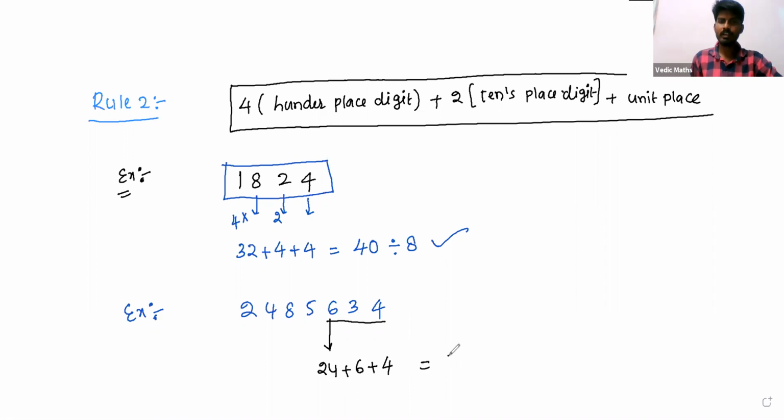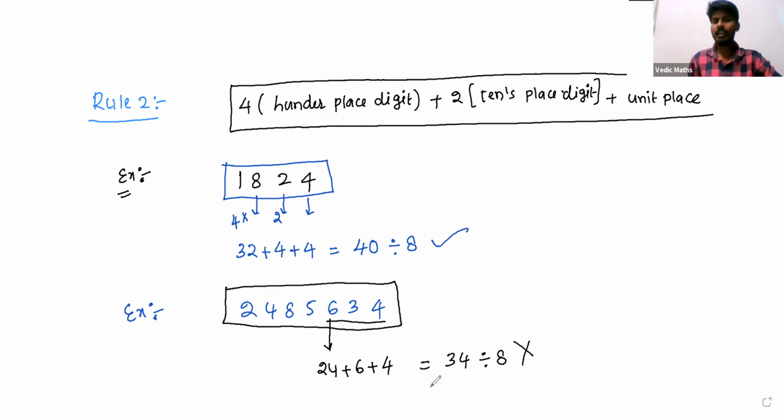So totally we get 34. Here 34 is not divisible by 8, so we can say that the whole number is not divisible by 8. In this way, we can check the divisibility rule of 8.